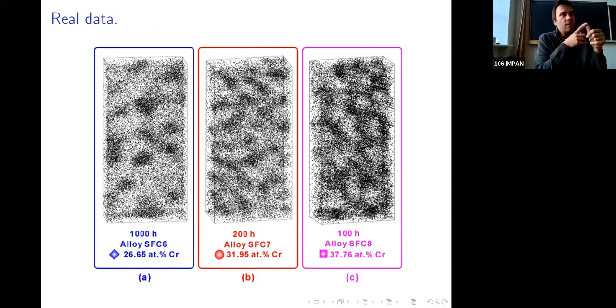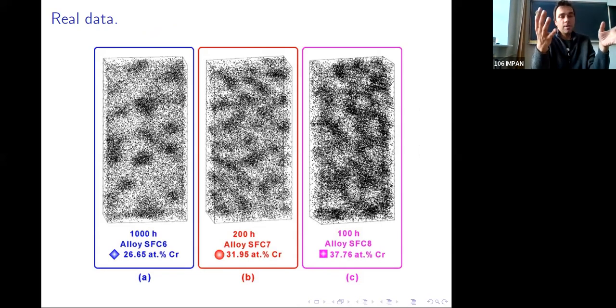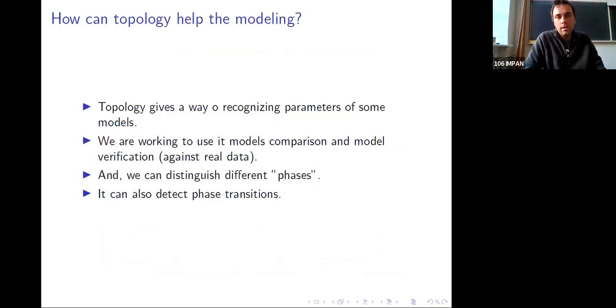So what we can do is validate models. We can check which models fit the data and which do not. Given experimental data, we can tell you how far along in the phase separation process the system is. Even using topology, this is not rigorous mathematically, but it is better than what people can do with standard measures in statistical physics. So that's kind of where we can help.